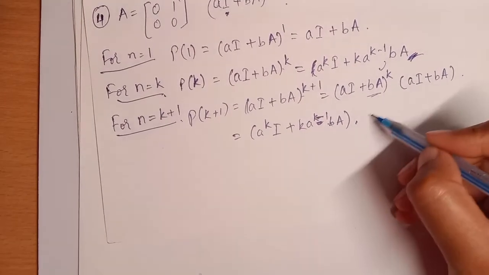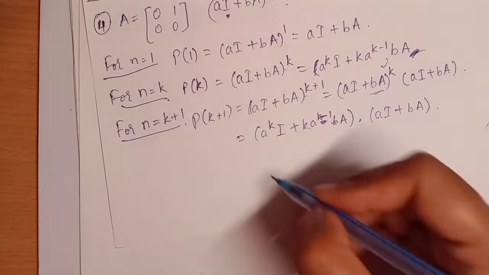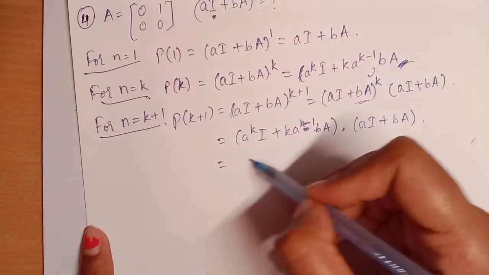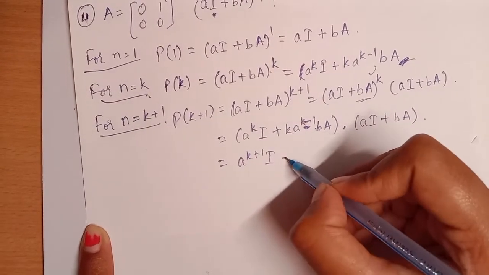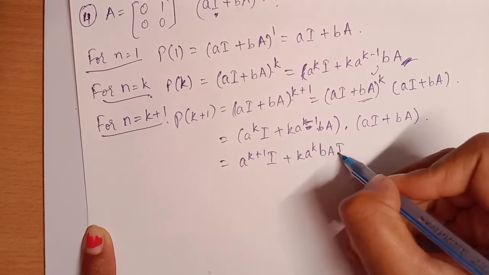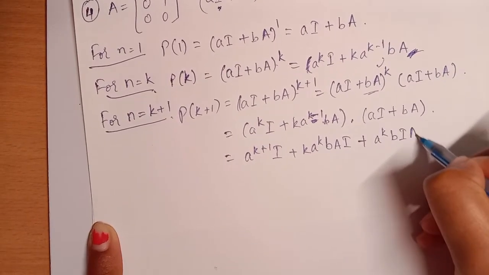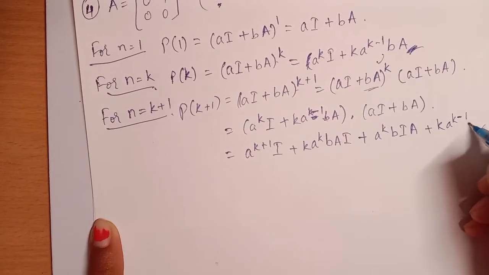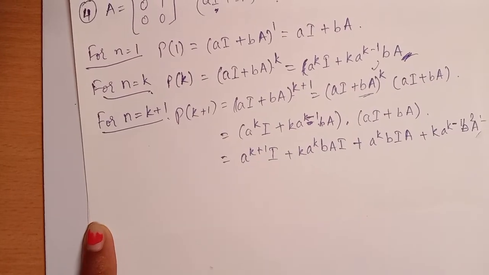Into aI plus bA. Right? So we multiply the whole thing. When we multiply both of it, we get a to the power k plus 1 into I plus k a to the power k bA plus a to the power k bA plus k a to the power k minus 1 b square A square.